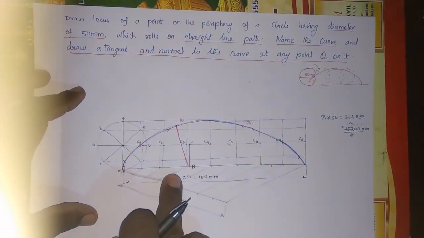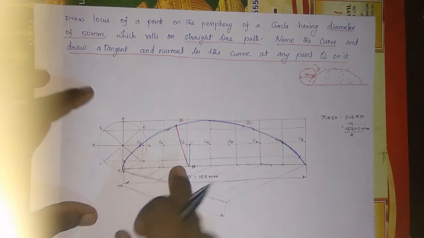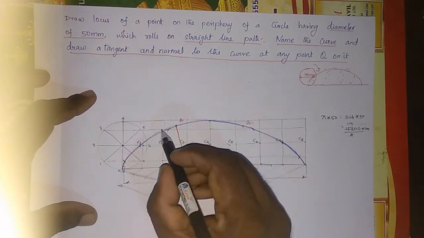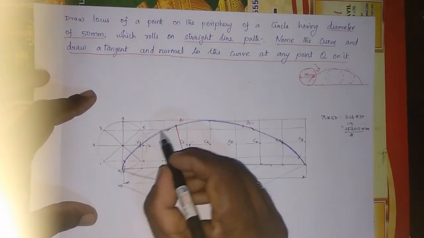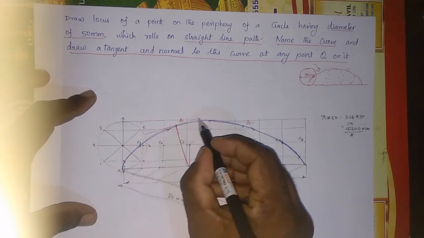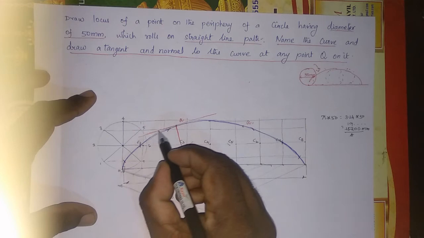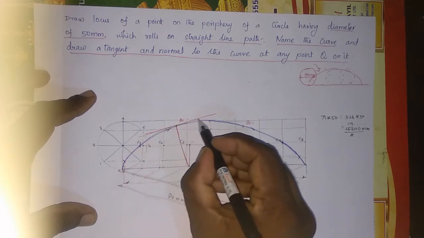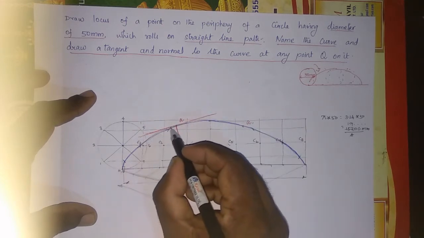The tangent is the line perpendicular to that normal.